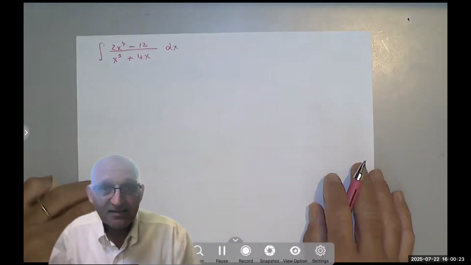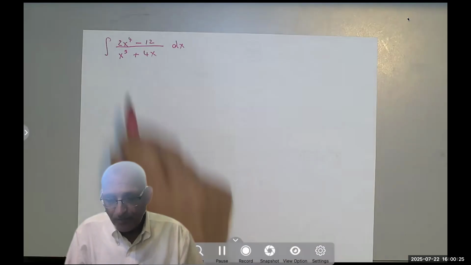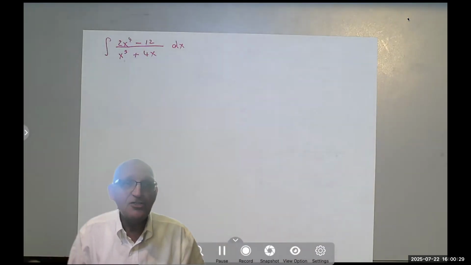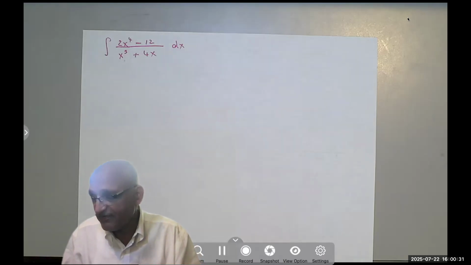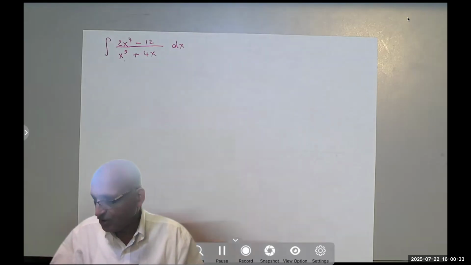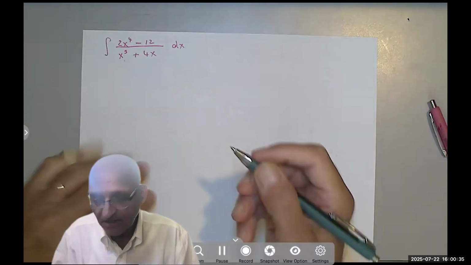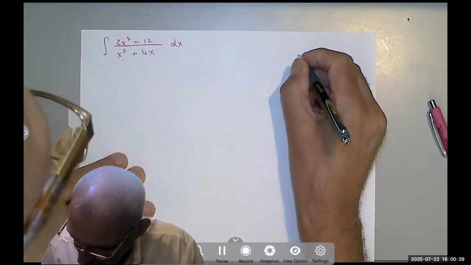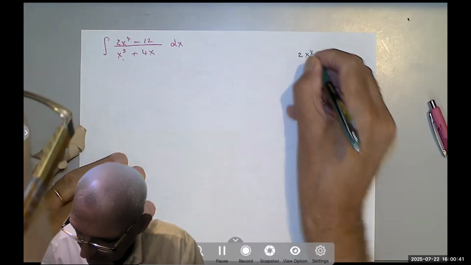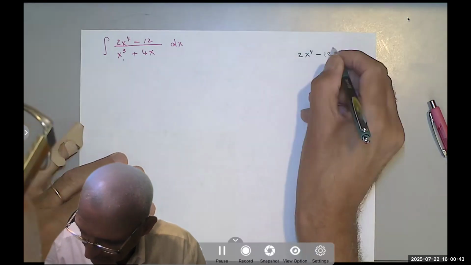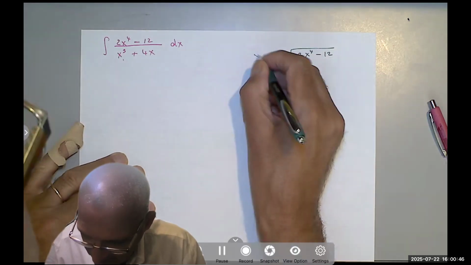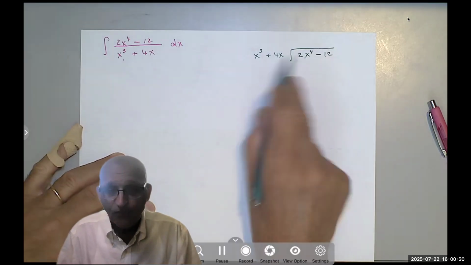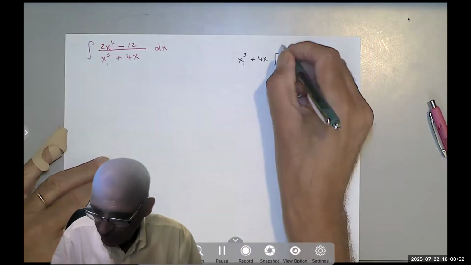In that case, when the numerator degree is higher than the denominator, it's better to use long division. Okay? So if it's an improper fraction, you have to divide it. So I'm going to say 2x to the 4 minus 12 divided by x cubed plus 4x. 2x to the 4 divided by x cubed is 2x.